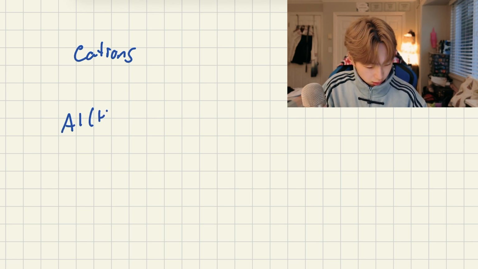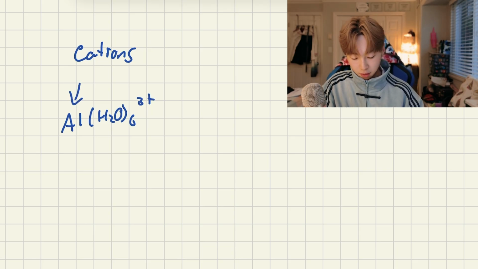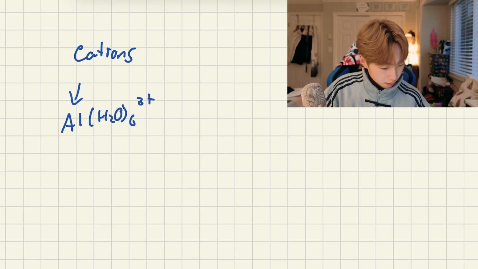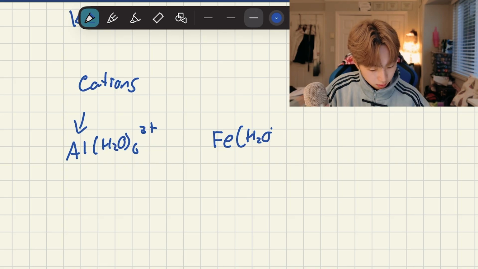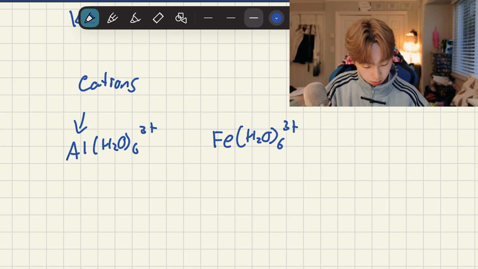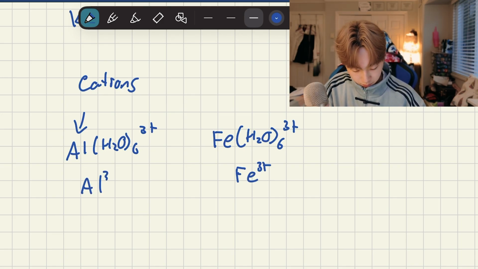Al(H2O)6 3+, but you can mainly just look at the Al3+. You have iron, Fe(H2O)6 3+, or just Fe3+. Same with aluminum.